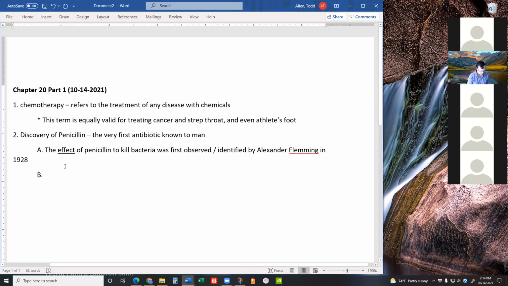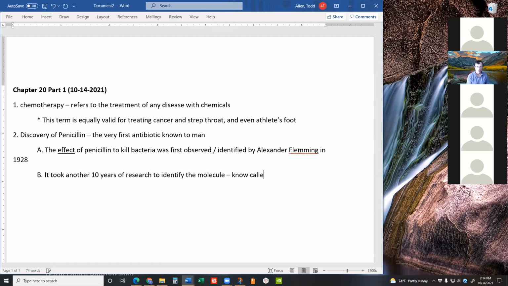So it took another 10 years of research to identify the molecule now called penicillin and begin mass producing it.